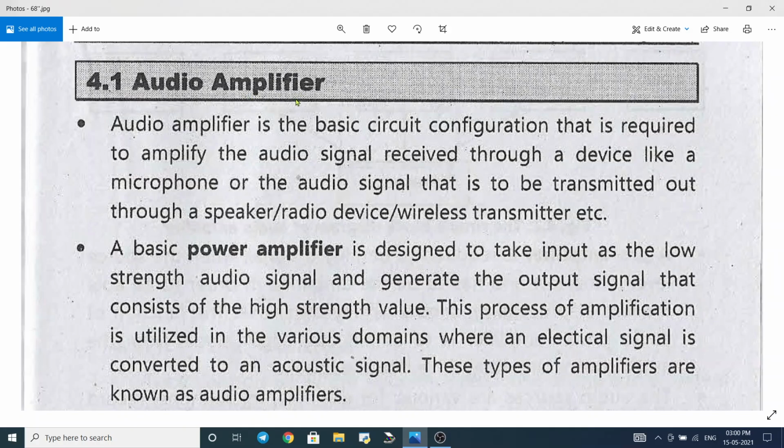The current or voltage or both levels of the signal are enlarged by an amplifier circuit.